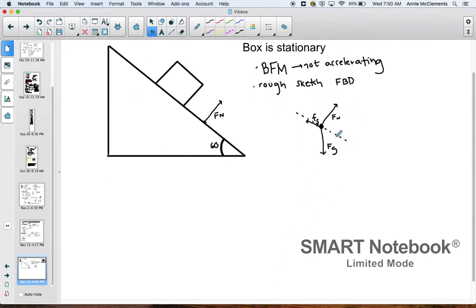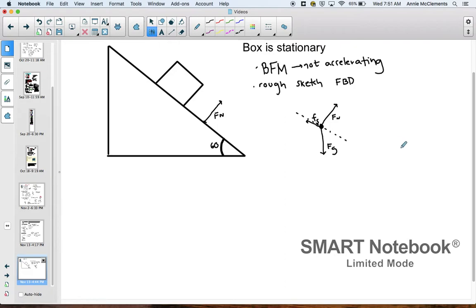And this can be a little confusing to set up, right? But if you remember that normal force has to be perpendicular to any surface, right? That should guide you, right? Gravity is always going to be straight down to the center of the earth, right? And normal force is always perpendicular to the surface that is in contact with the object, right?